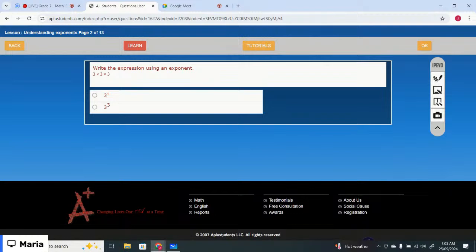The next one is write the expression using an exponent. You have 3 times 3 times 3. You are multiplying 3 how many times? You are multiplying 3 times, right? So which is the correct option? That's option number 2. 3 exponent 3 is the correct option.